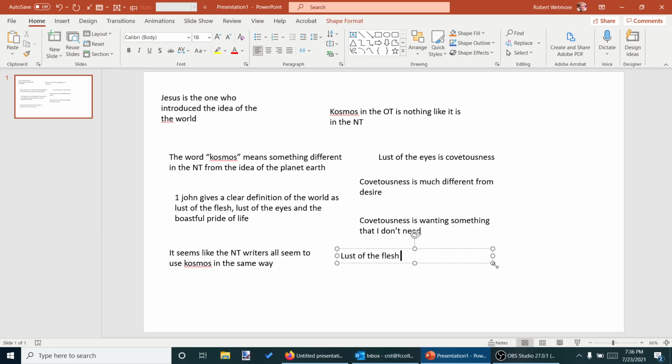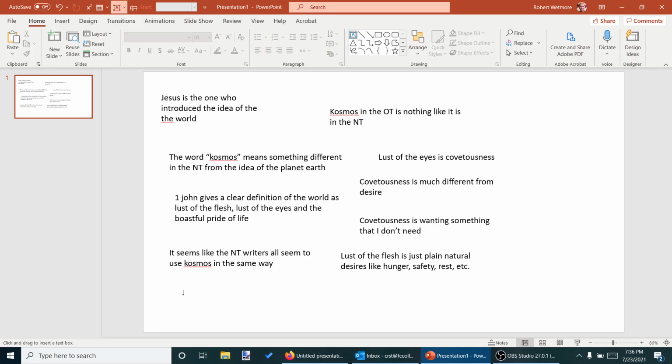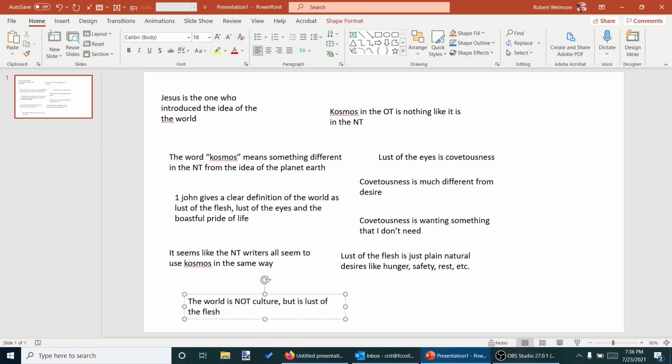Lust of the flesh is just plain natural desires like hunger, safety, rest, etc. The world is not culture, but is lust of the flesh, eyes, and pride.